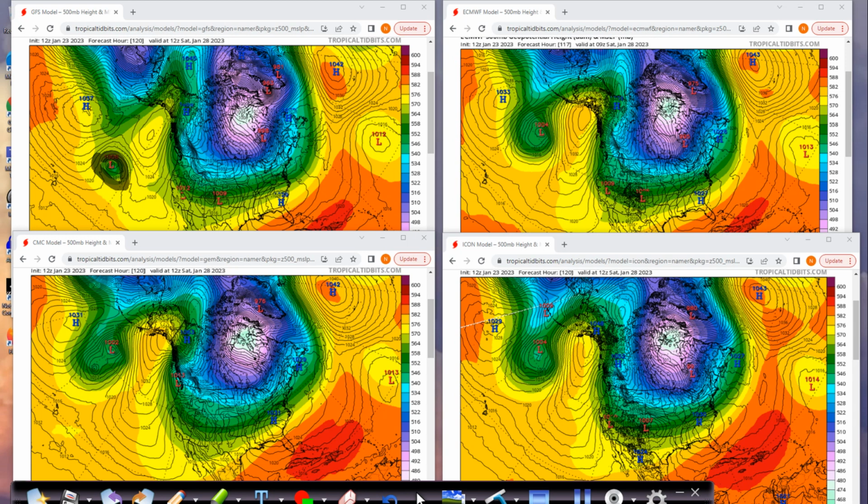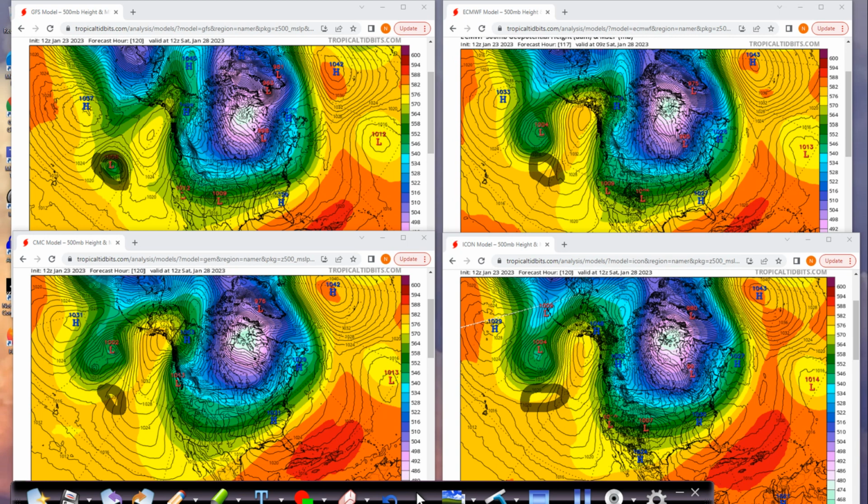than the other models. If I was to circle that same area on the other models, it's right there, it's right there, and it's right here. So you can see that the other three models are a lot stronger with that ridge, which prevents that low from moving further south and east.